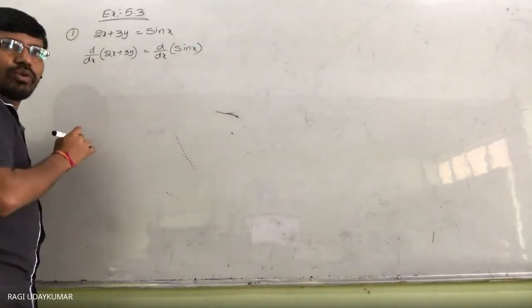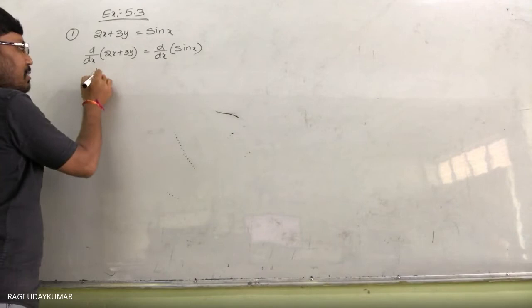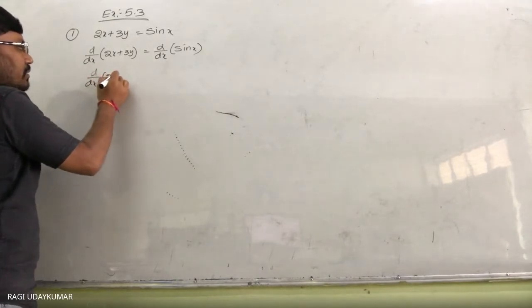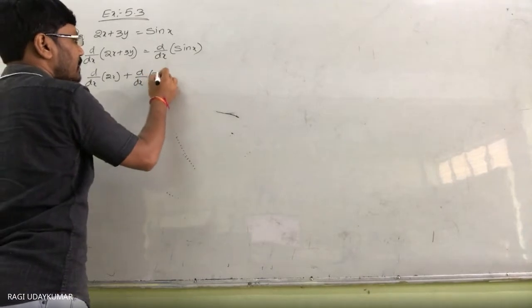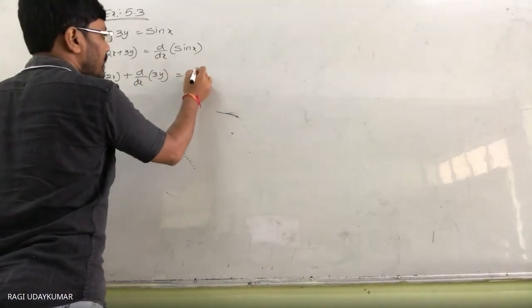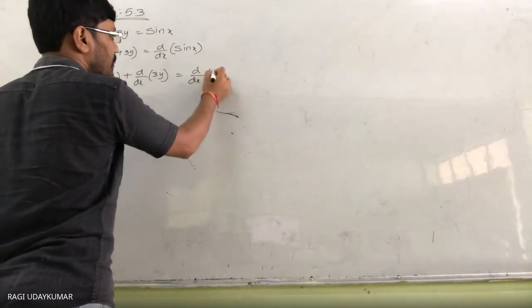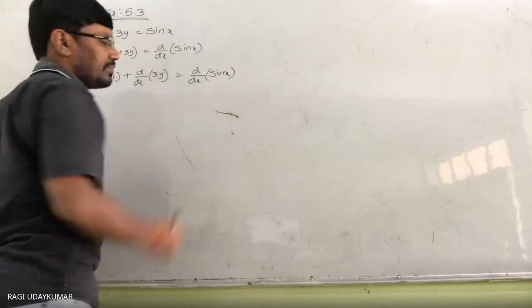d by dx of 2x plus d by dx of 3y is equals to d by dx of sin x.